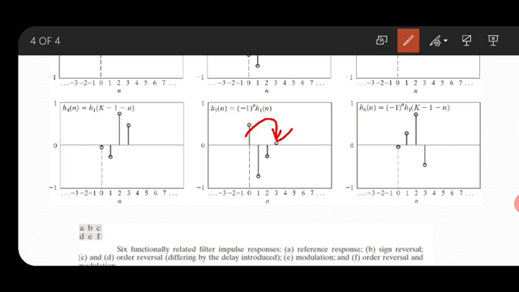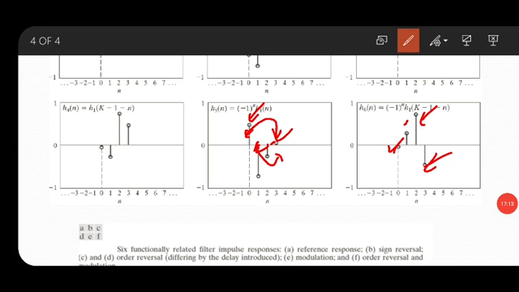When you flip it at this point, the negative sample goes to the corresponding positive. Similarly, this will be flipped here: negative becomes positive, and this positive becomes a negative for the sixth diagram.